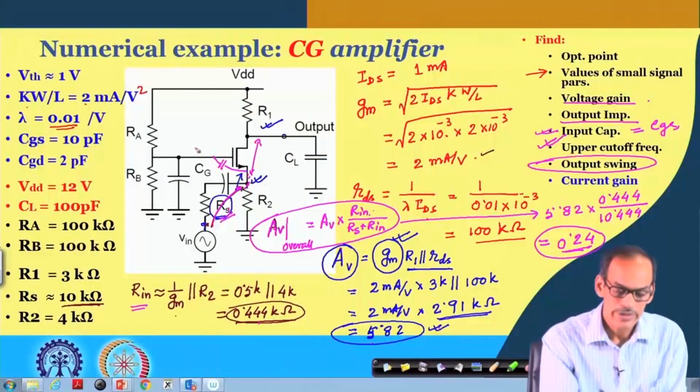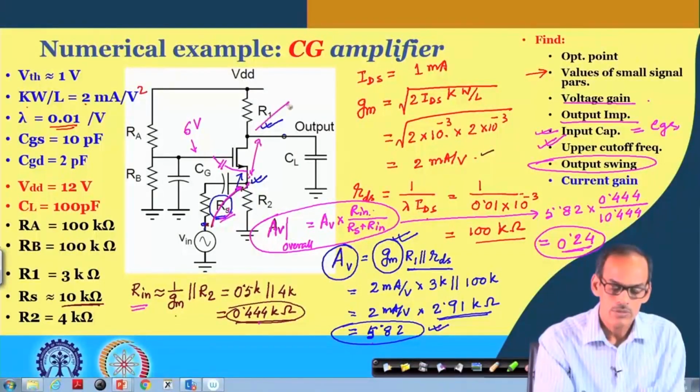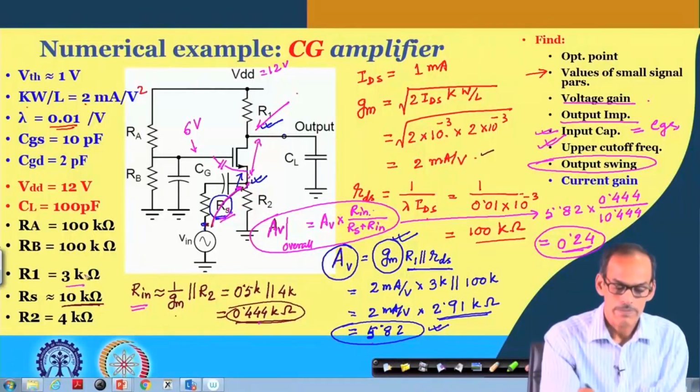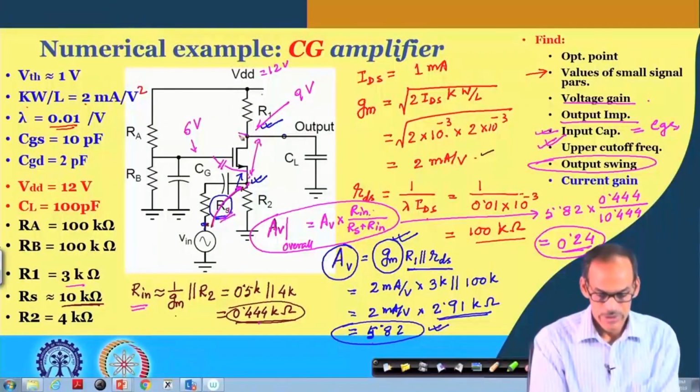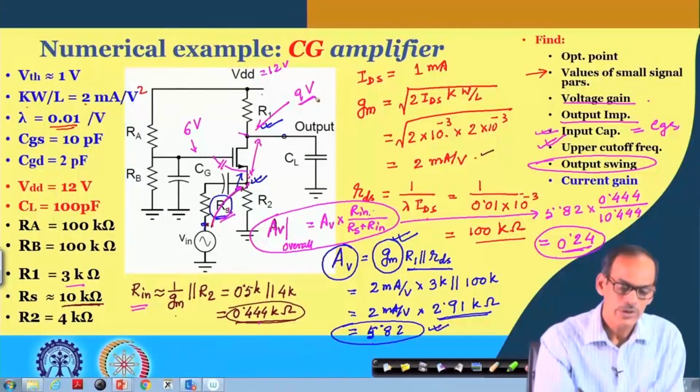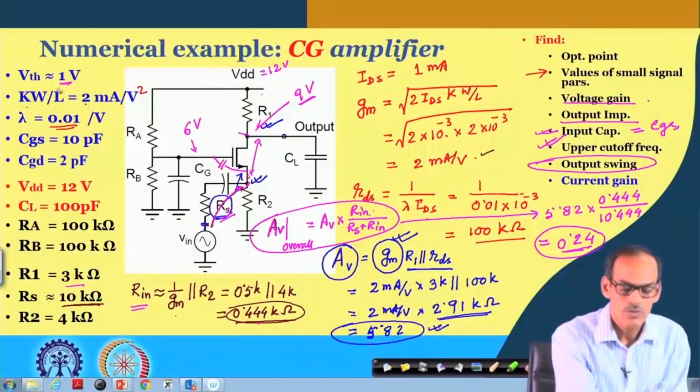What we said here is the gate voltage is 6 volt, and the voltage at the drain is 12 minus this 3 volt drop here. So, that is 9 volt here. So, if the DC voltage at the drain node is 9 volt, VTH is 1 volt.